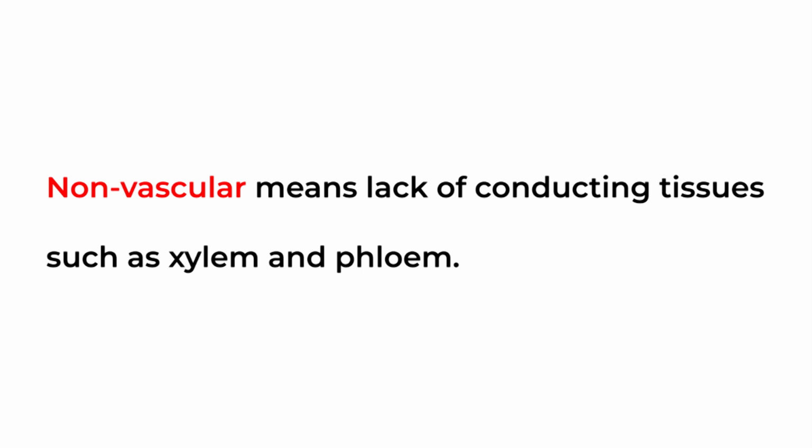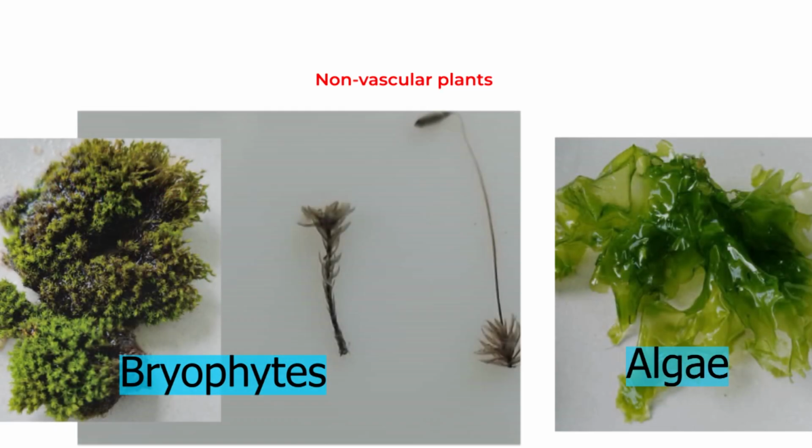These plants are very small and thin, like algae and bryophytes. They are so thin that substances easily move through by diffusion, so they don't need any vascular system.